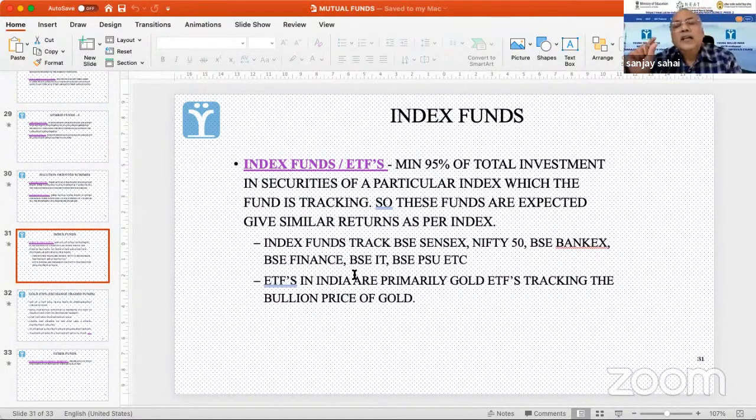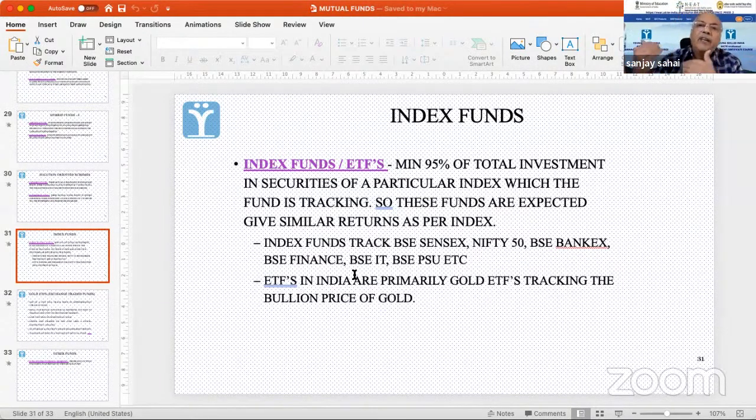Suppose HDFC is one of the companies in Nifty 50, and let's say it has 5% in HDFC, 4% in SBI, and 3% in Asian Paints. Then the index fund will also do the same thing.